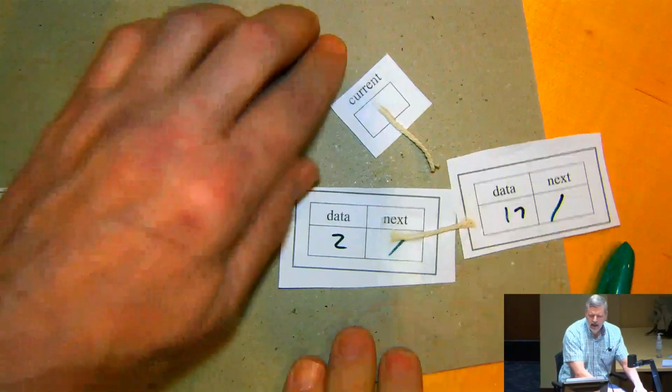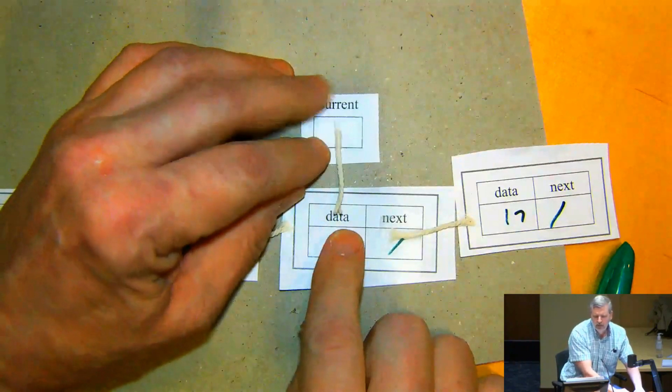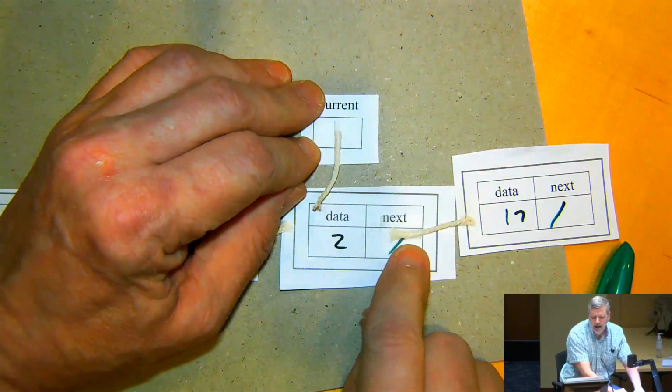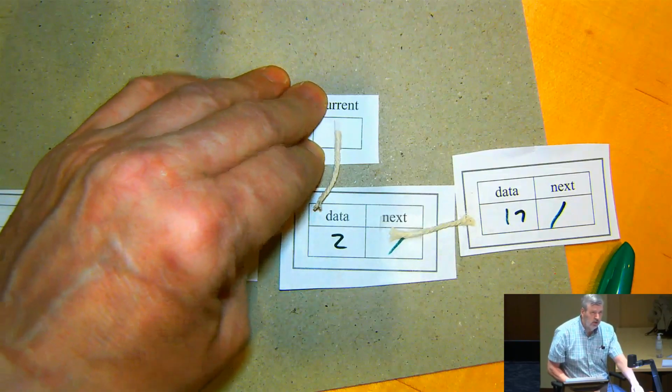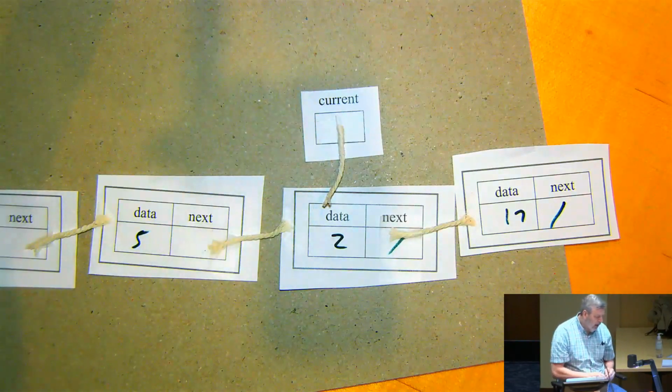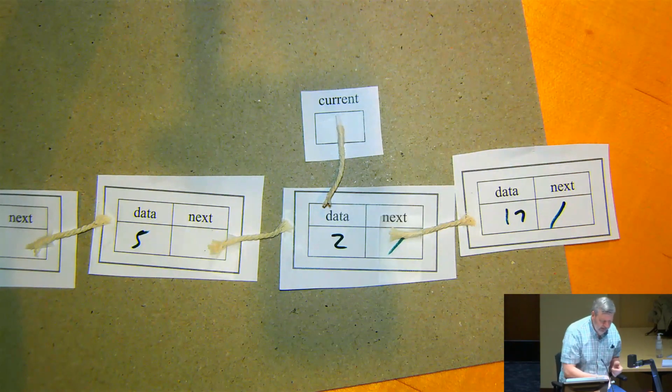So that's how we actually change it, by having current refer here so that we can set current.next to this node that we just added. So that's an analogy that I find helpful, just thinking of them as physical objects.